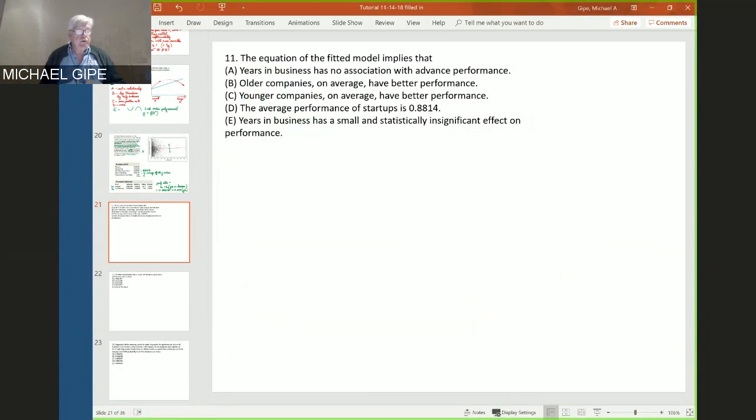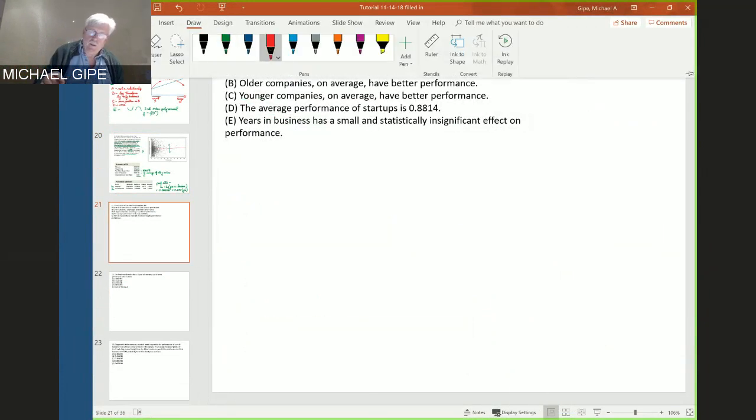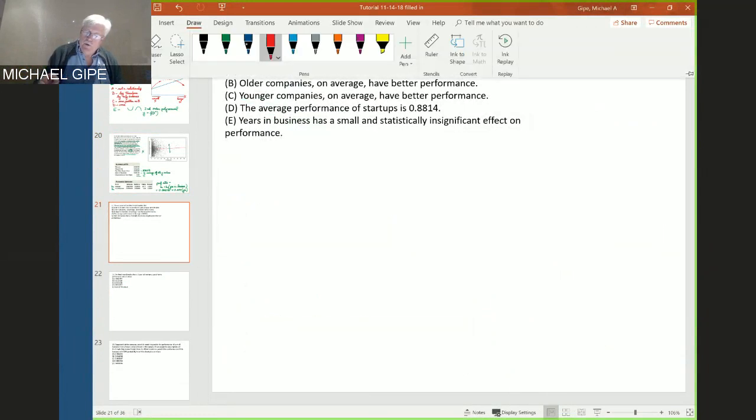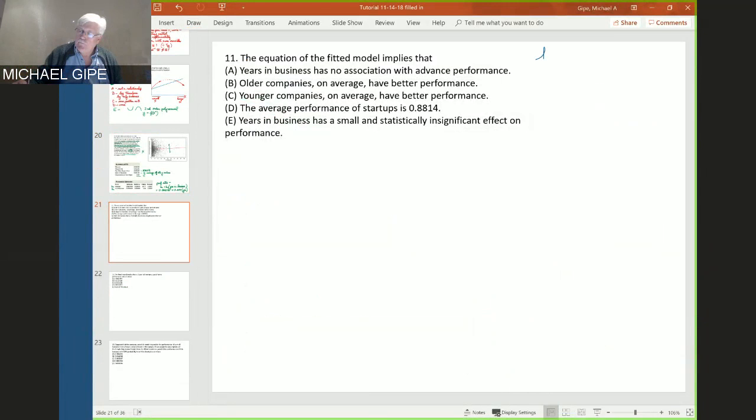The equation of the fitted model, which we just talked about, implies what? And don't forget, let me just put a note here: higher performance, the performance measure is better.